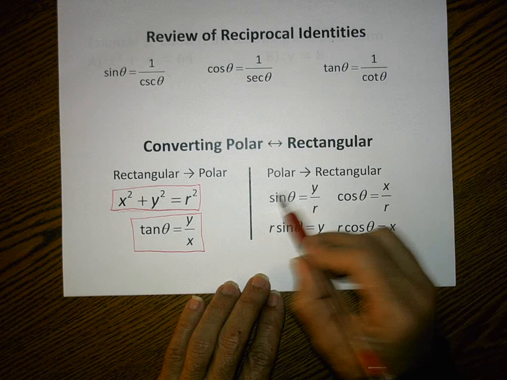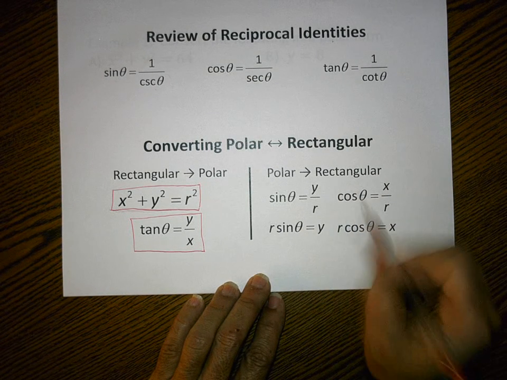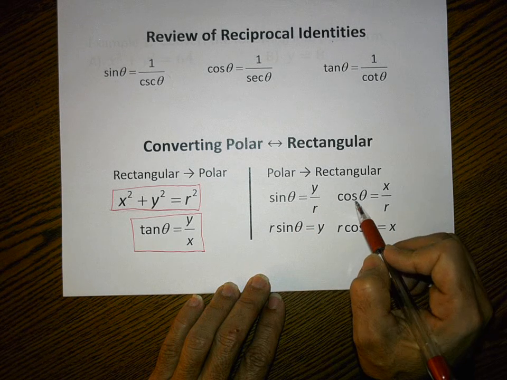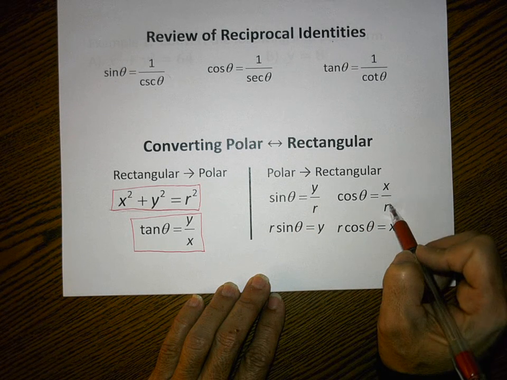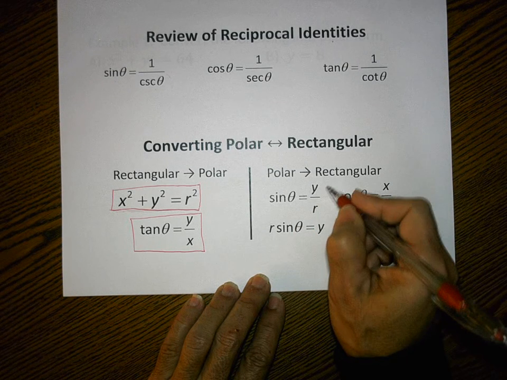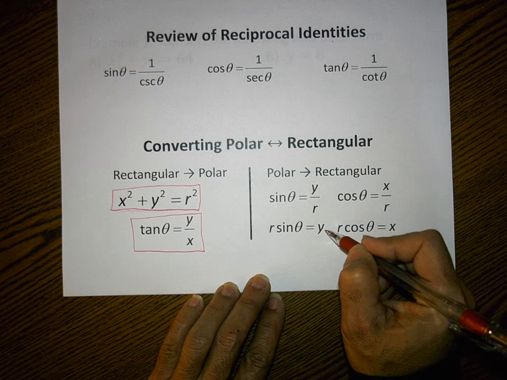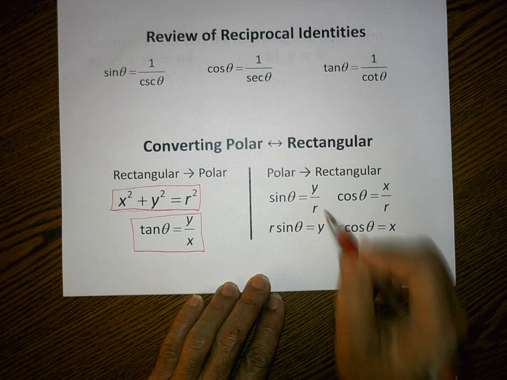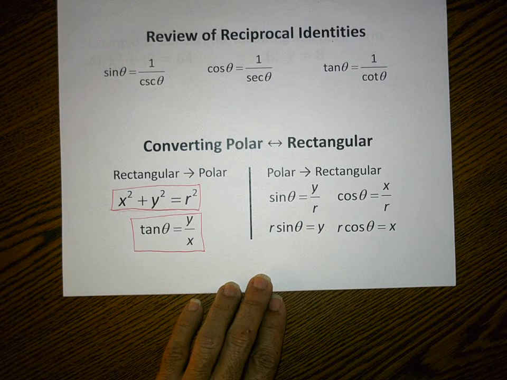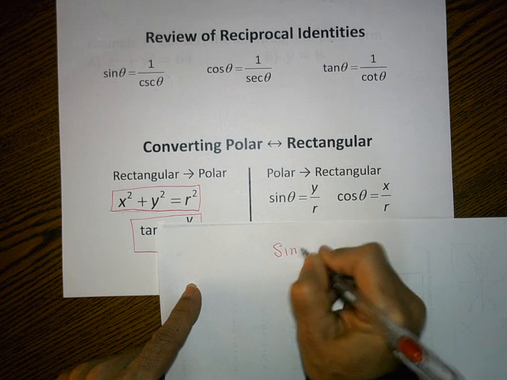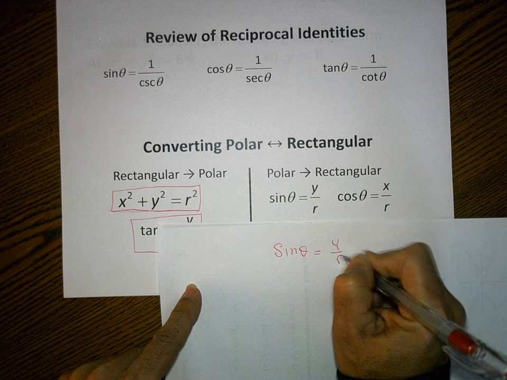If I want to go from polar to rectangular, then I'm going to have to use this, that the sine of theta equals y over r, and the cosine of theta equals x over r. Now, what I did here is I manipulated this to isolate for y. I grabbed this ratio, sine of theta equals y over r.